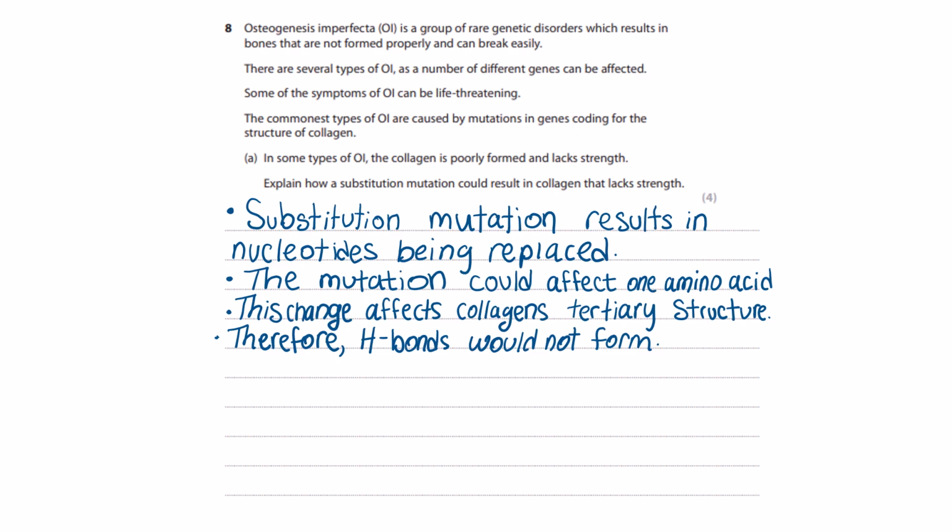Okay, this question is repeated in many exams and they might not specifically ask you about collagen, but there is this idea where a mutation is going to change the base sequence or the nucleotides, causing a change in the amino acid, changing the tertiary structure, hydrogen bonds would not form. This question, they could also link it to enzymes because enzymes are also proteins.